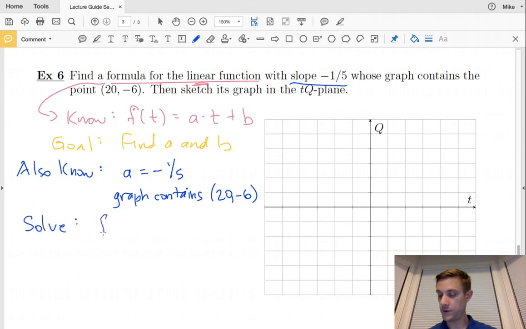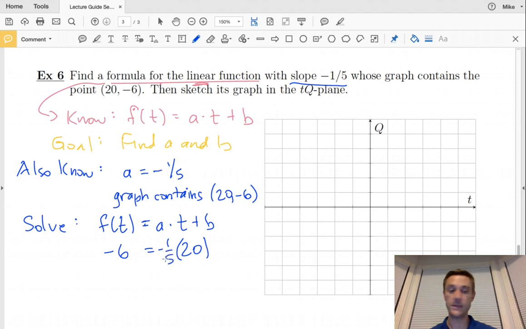We'll start with our f of t, and basically what that point has given us is one little snapshot, one particular point in time where we know the input and the output for this function. It's not always going to be an output of -6. It's not always going to be an input of 20. I guess it will always be a slope of -1/5. That's what it means to be a constant.